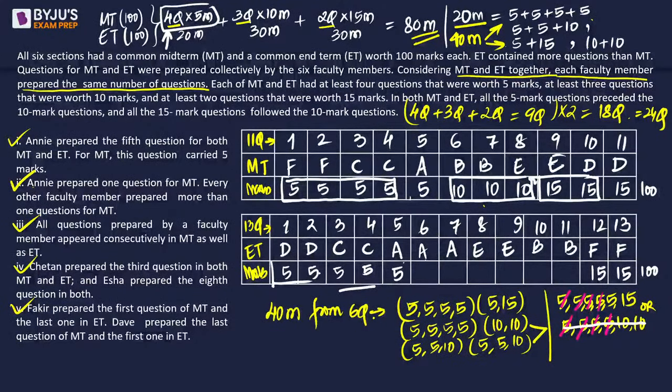In the case of the end term exam, 4 5s are sure, 2 15s are sure, 3 10s are sure, right? We don't have an extra 10, so the others are going to be 5 such that the sum is 100. So let's check. This is so far 80. 80 plus 5 5 5 5 is going to be 20.